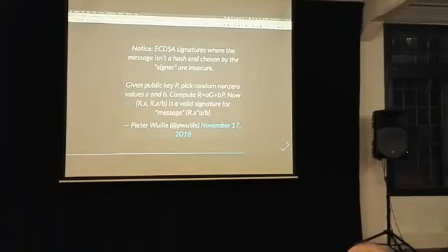He tweets: elliptic curve digital signature algorithms where the message isn't a hash are insecure, because you can obtain a valid signature for any public key that you want simply by picking 2 random numbers A and B, computing some point, and then we can construct a valid signature for some random message, this.